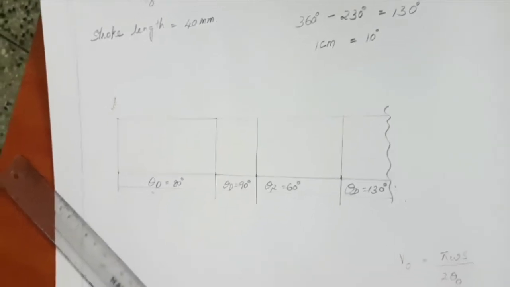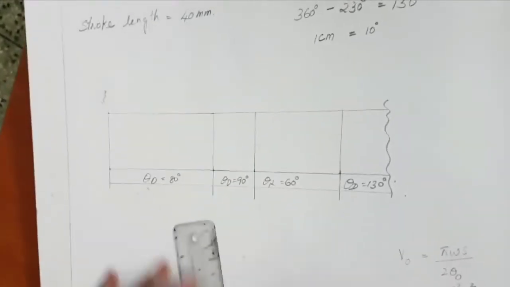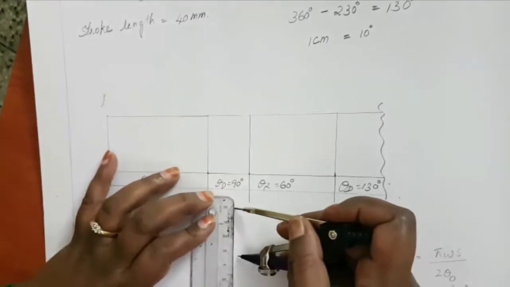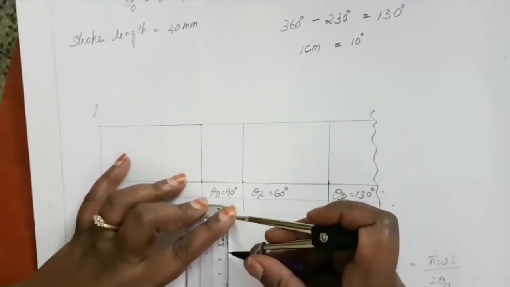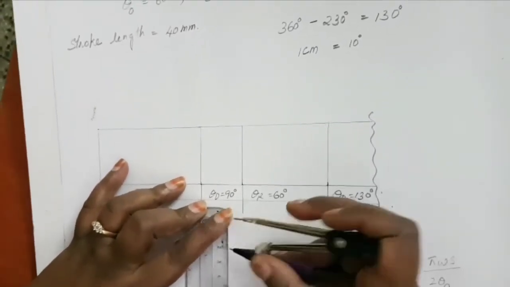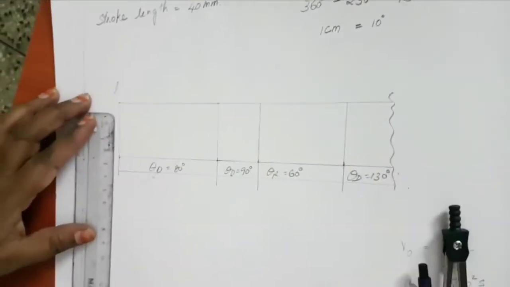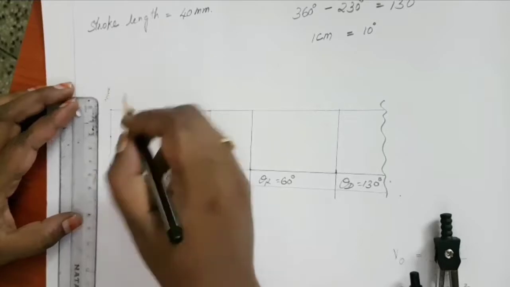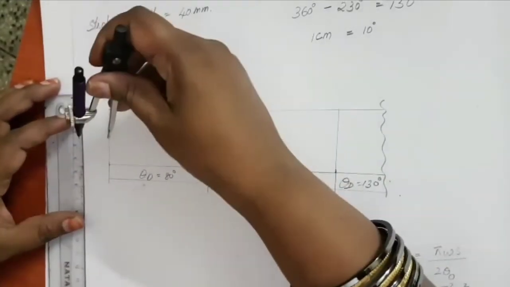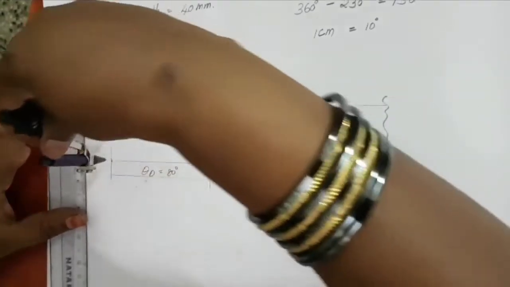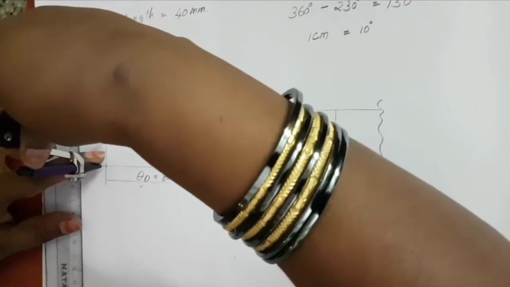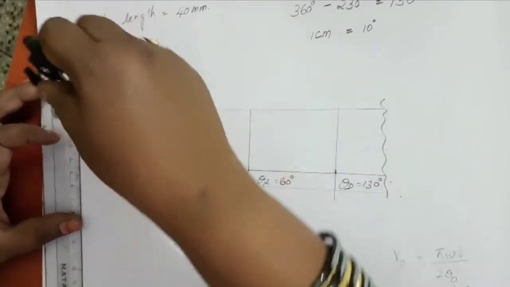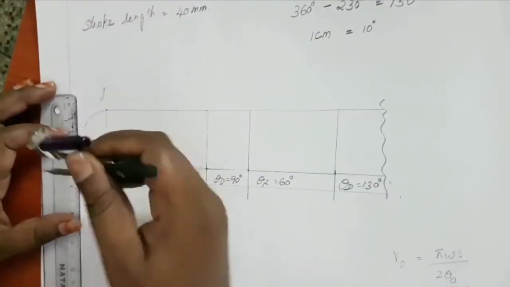The stroke length is 40 mm, so take this 40 mm as the diameter and 20 mm as the radius. Mention this 20 mm radius here and draw the semicircle by taking it as the radius.